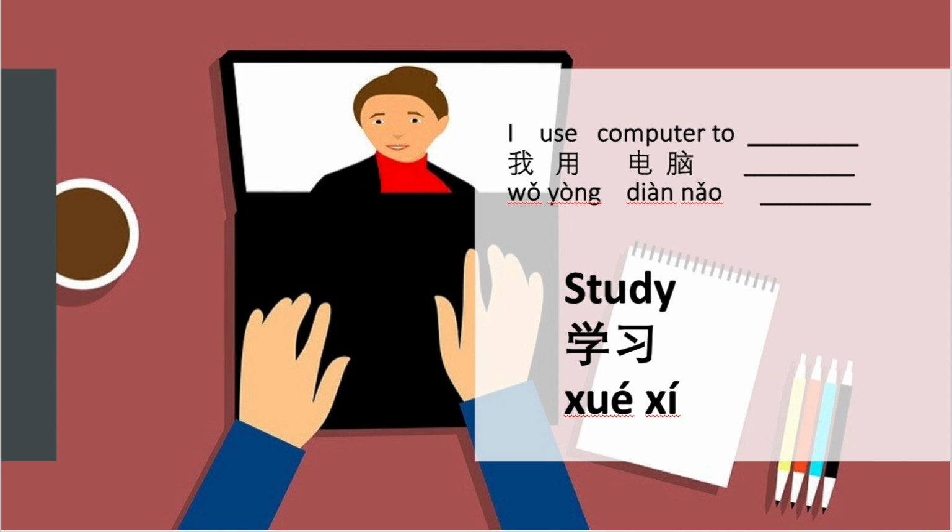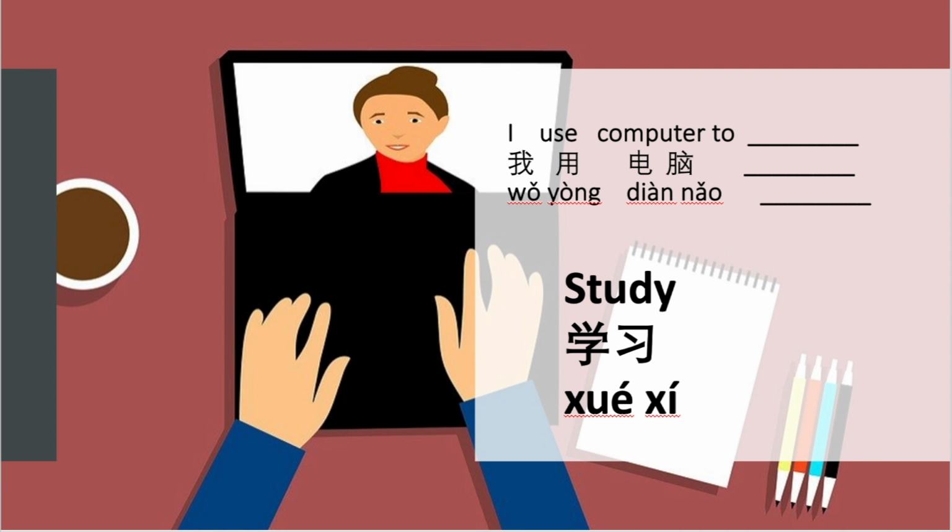So we say 学 to represent the whole word 学习. That's why a lot of times when you say, I learned something, I'm studying something, you say 学 and you put the object or the subject after 学. You can also say, I use computers to study Chinese.